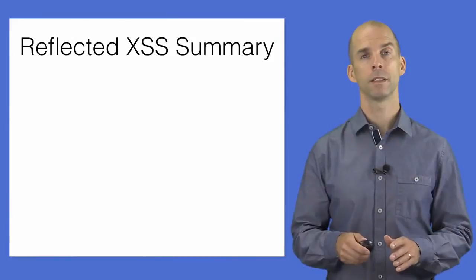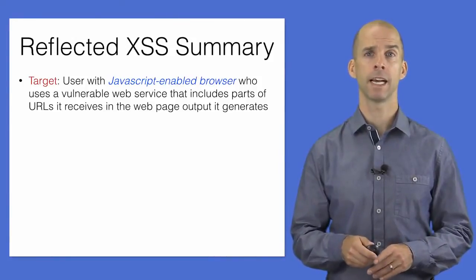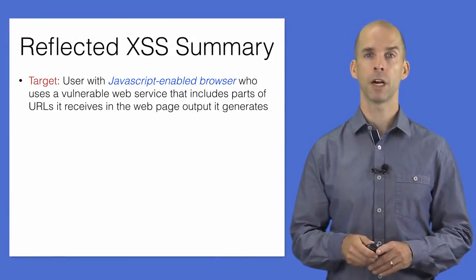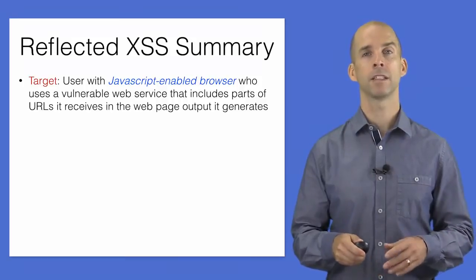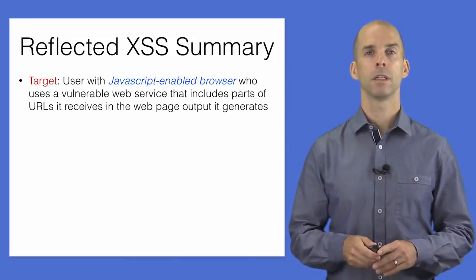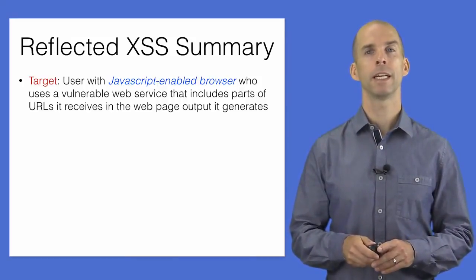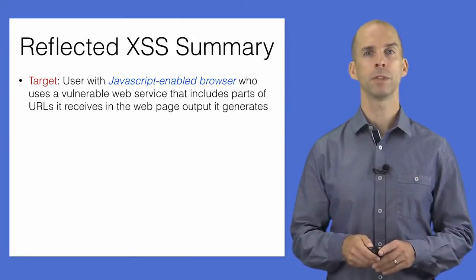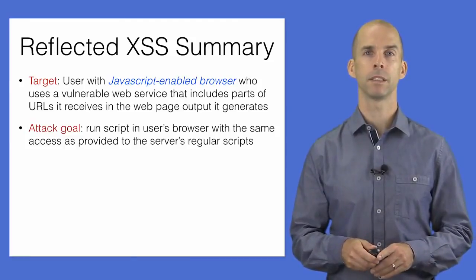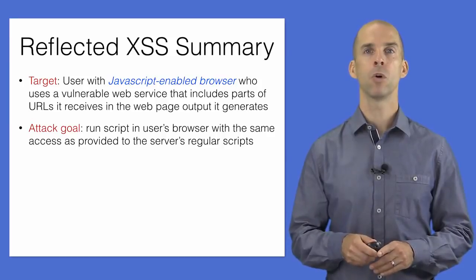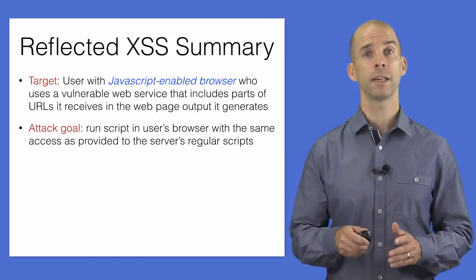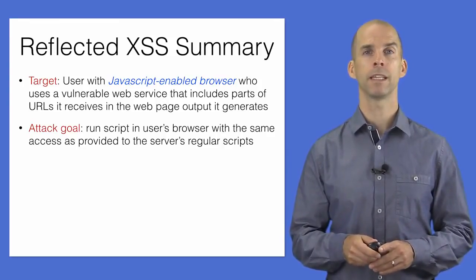To summarize, a reflected XSS attack targets someone who is using a JavaScript-enabled browser to access a vulnerable web service. The service's vulnerability is that it echoes back part of the URLs it receives in its output responses. The attacker's goal is to run the attacker's script as if it had the origin of the victim's site.